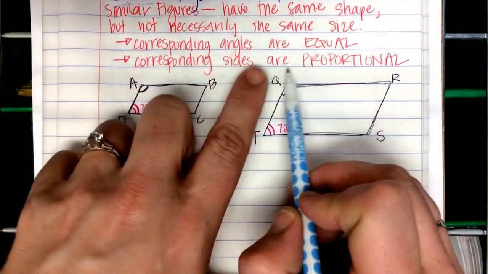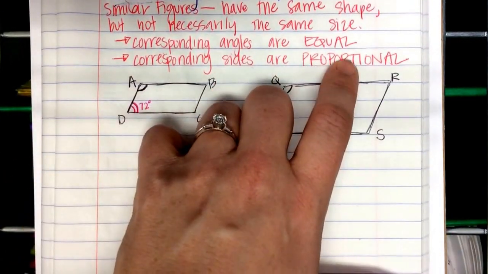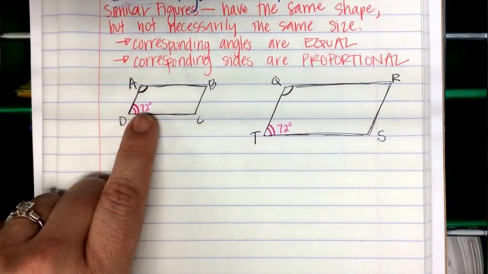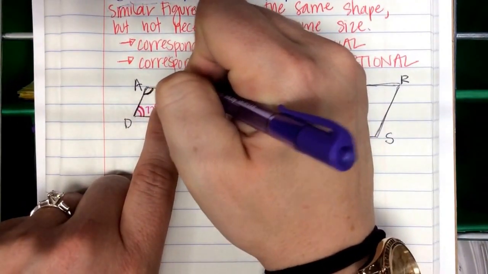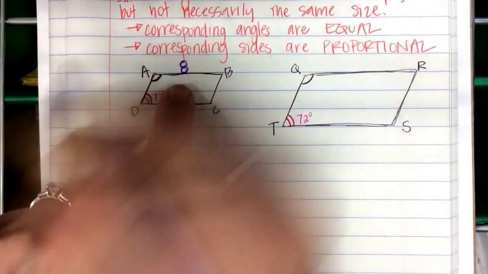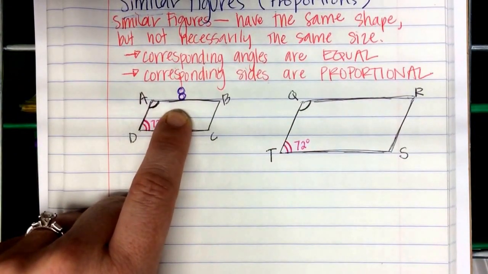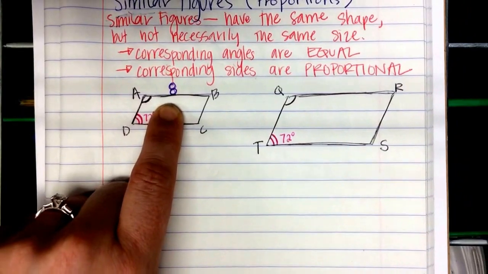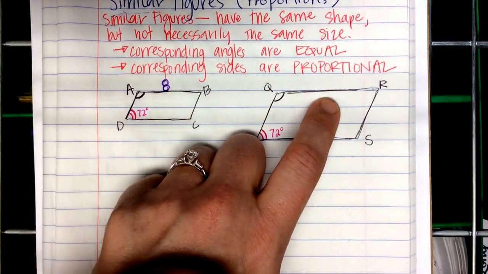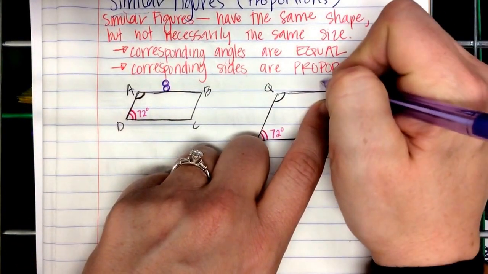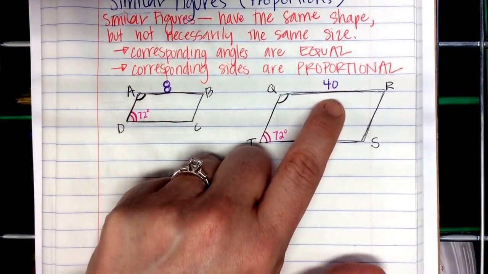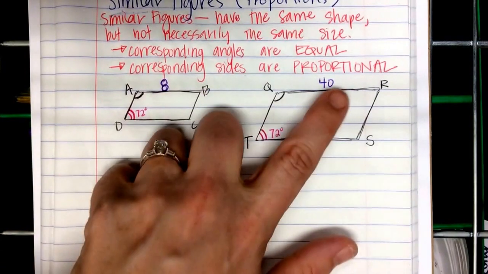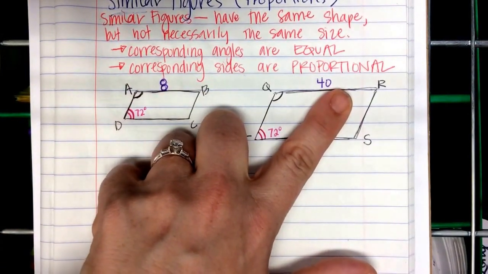But the corresponding sides are what's called proportional. So if this side is 8, and this side is 40, what did I multiply 8 by to get 40? 5.